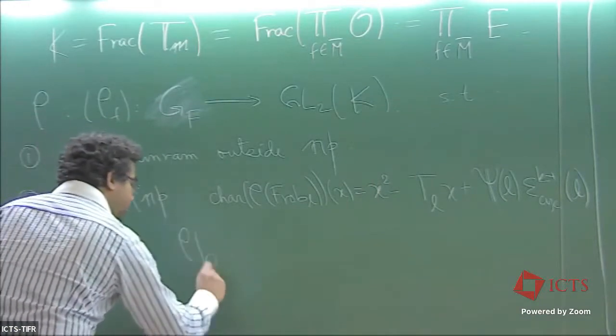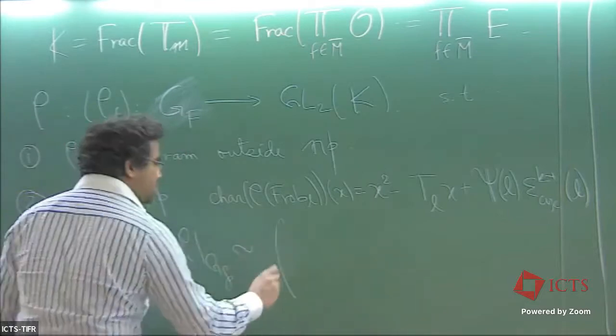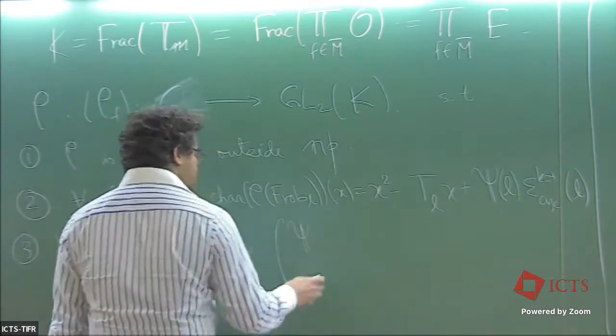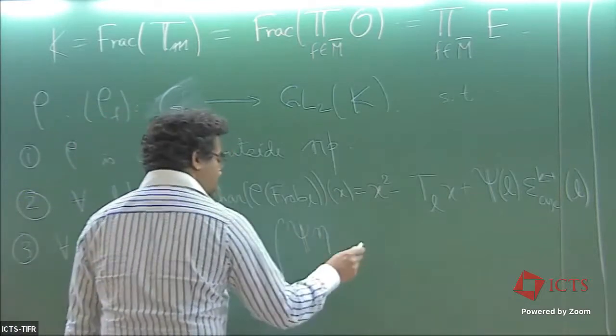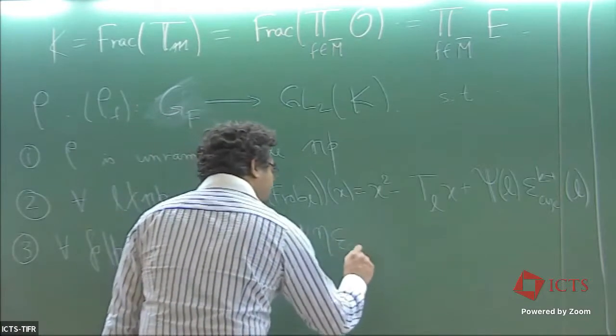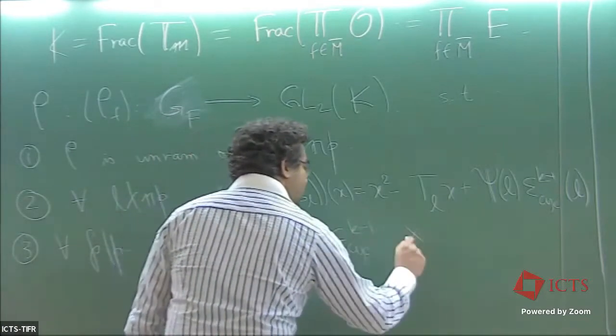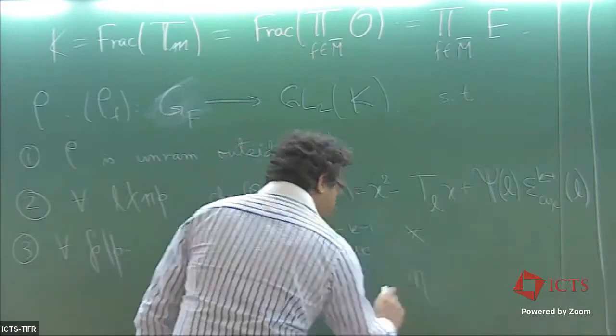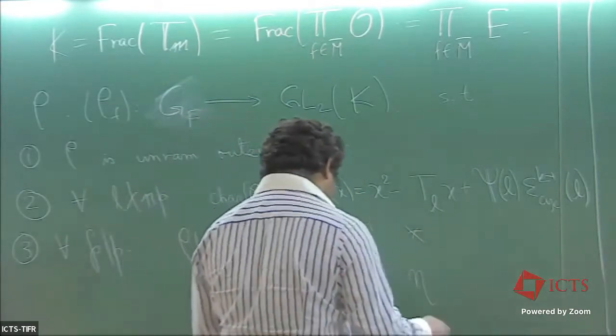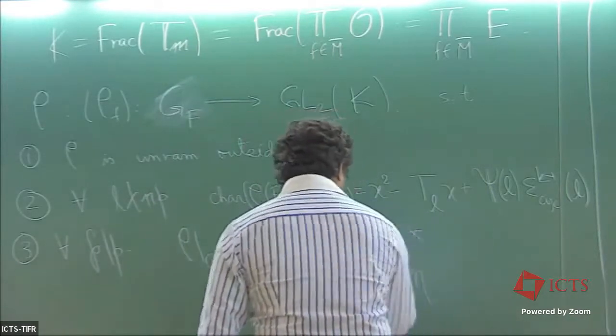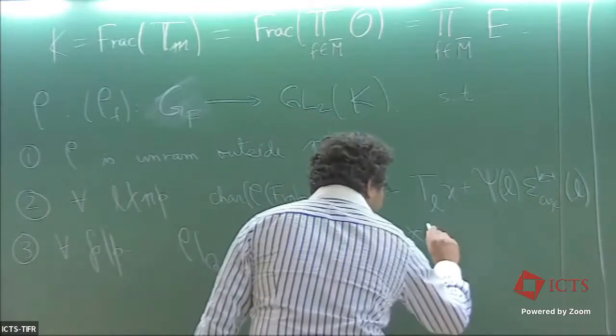And as usual, ordinarity. So rho restricted to G_P is psi eta to the K minus 1, star, 0, and eta inverse eta, I guess, right here. So there is a P here, P here.